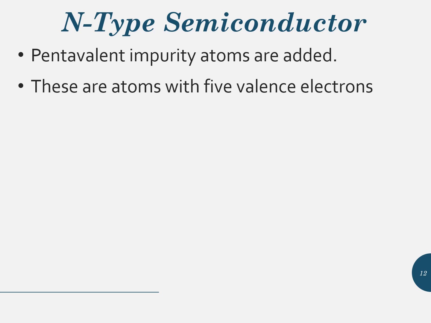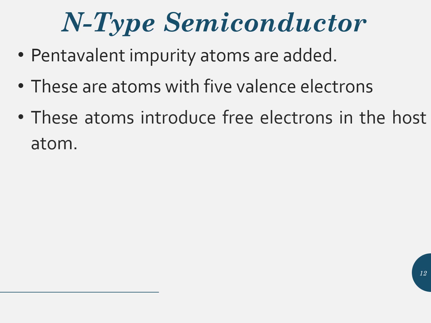These atoms introduce free electrons in the host atom. The number of free electrons depends on the amount of impurity added to the intrinsic host atom. A small addition of impurity generates millions of free electrons.